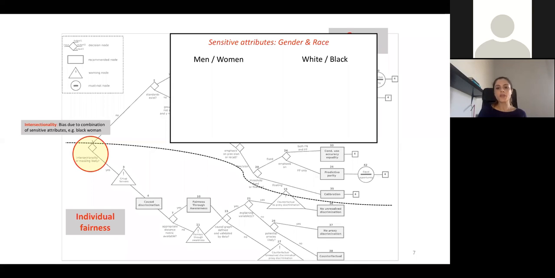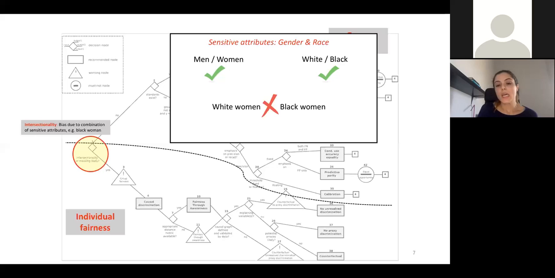Let's take an example here. Assume we have a setting with two binary sensitive attributes, gender and race. Let's say men, women, and white, black. A classifier might show fairness of acceptance rates for any sensitive factor alone. Okay, so we take men versus women, and then white versus black, so we get fair results.